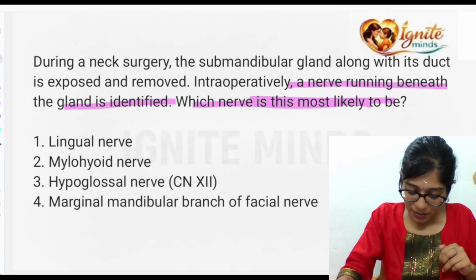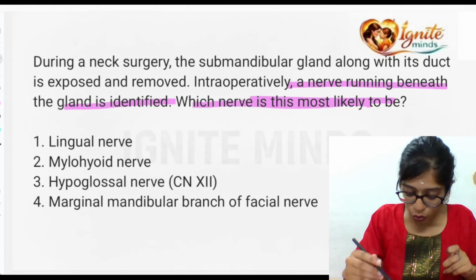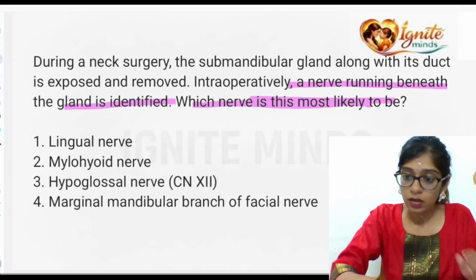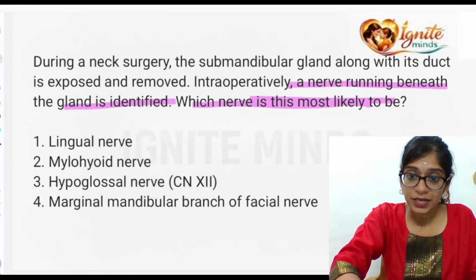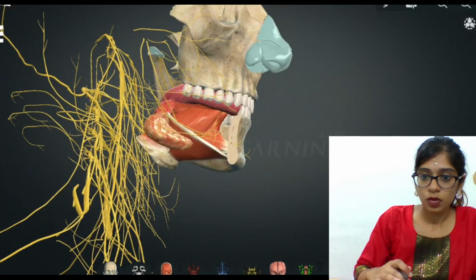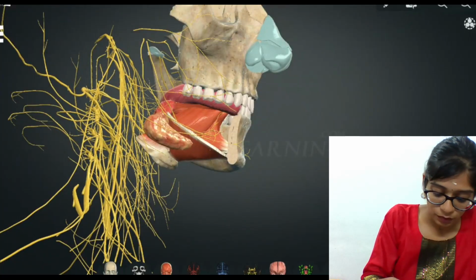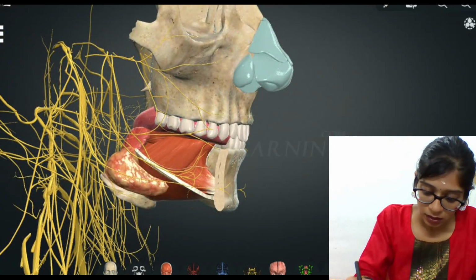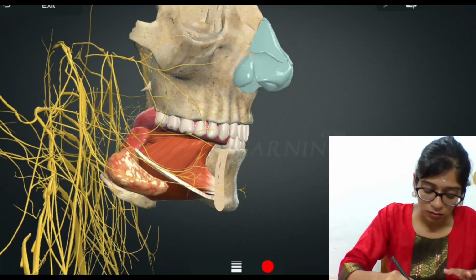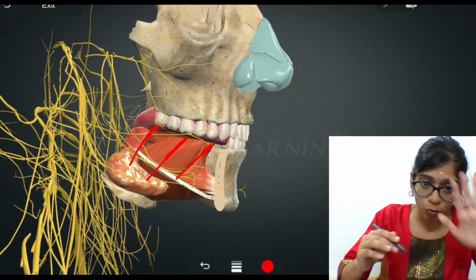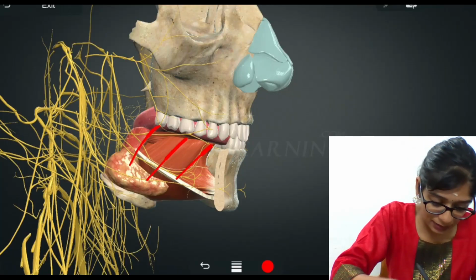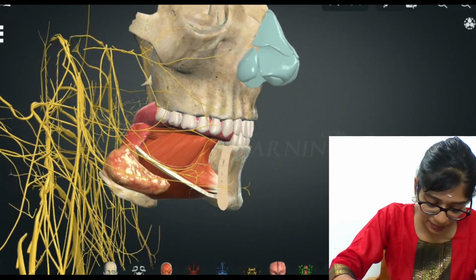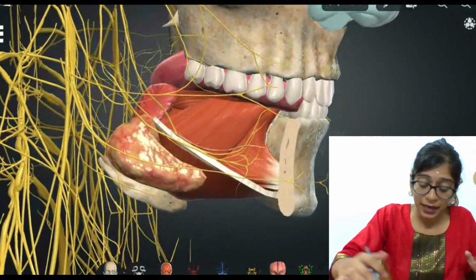So let me first show you the submandibular gland. So this is the lateral part of the skull, okay? On one side the bones from here are removed, and you can see where the submandibular gland is.